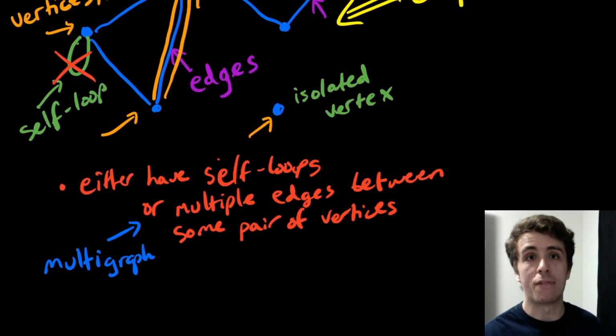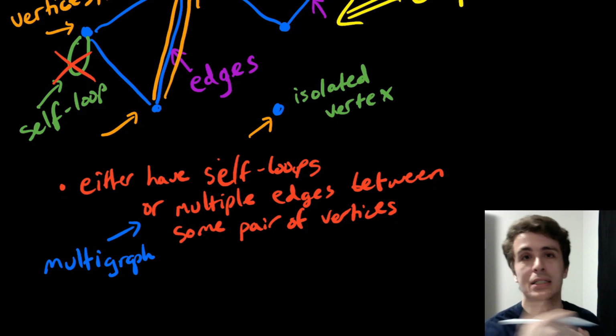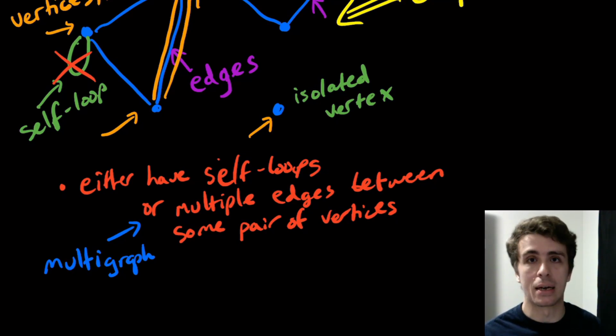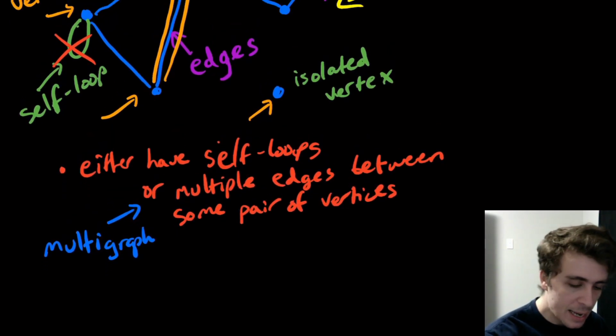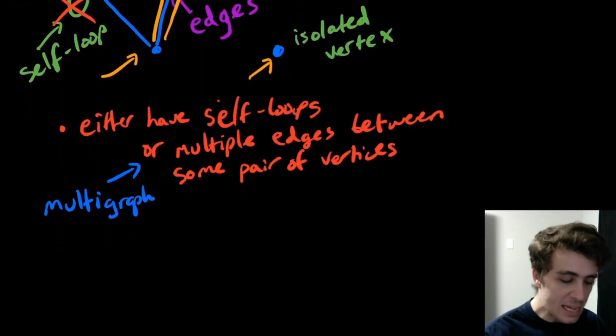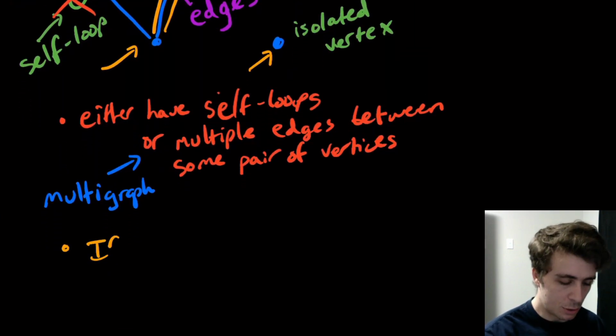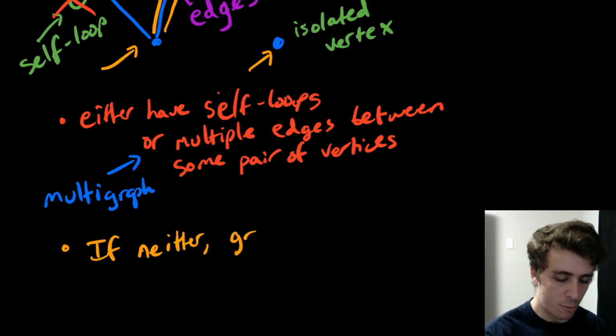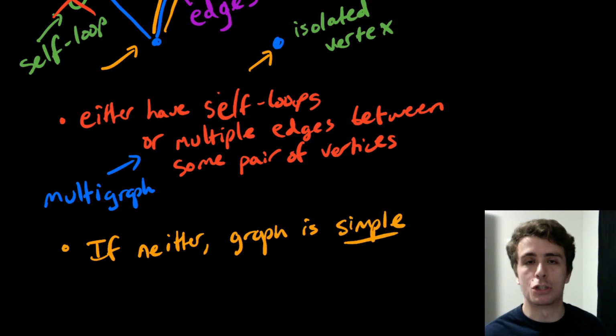A multigraph is when we either have a self loop or we have multiple edges connecting up pairs of points. And any graph that isn't a multigraph, so if neither of these is true, is what is called simple. A simple graph is just one that doesn't have any self loops and doesn't have multiple edges connecting up pairs of vertices.